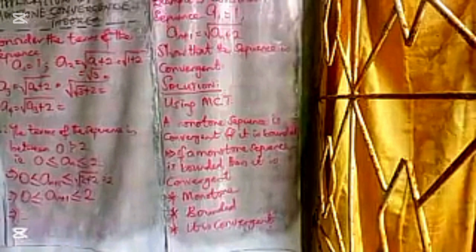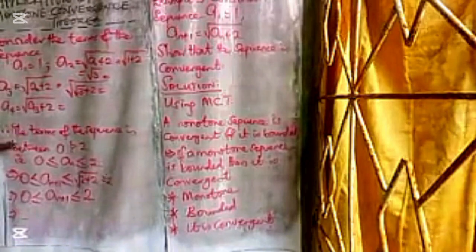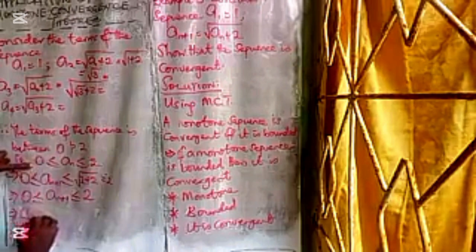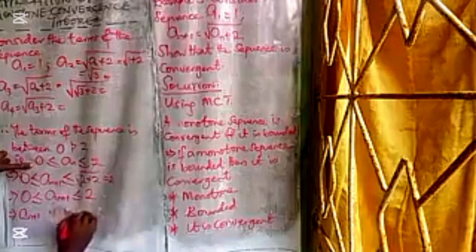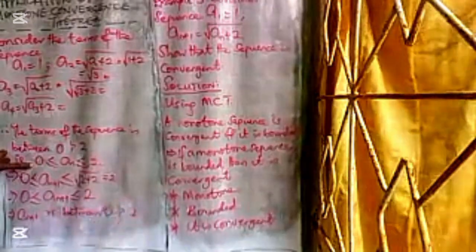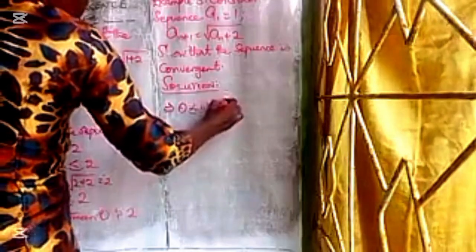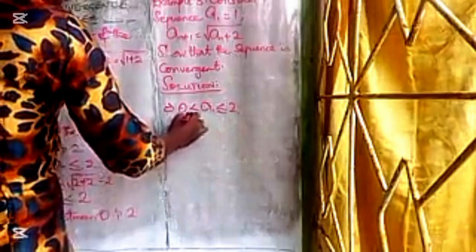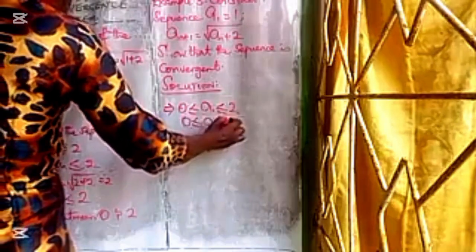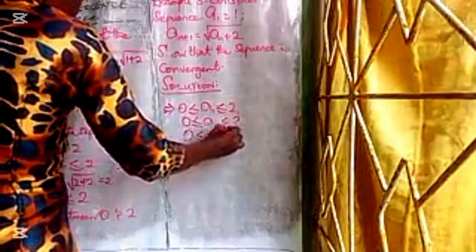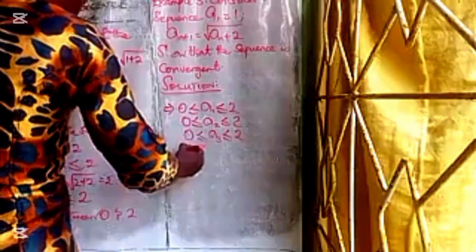Since the terms a_n are between 0 and 2, a(n+1) also is between 0 and 2. 0 is less than or equal to a1 less than or equal to 2, 0 less than or equal to a2 less than or equal to 2, 0 less than or equal to a3 less than or equal to 2.